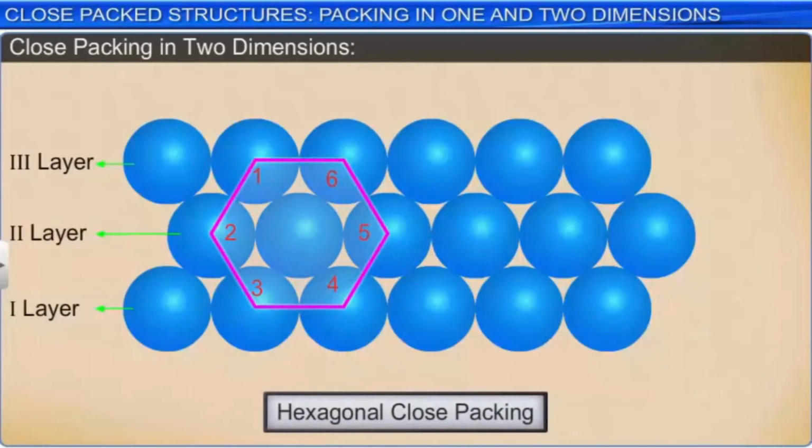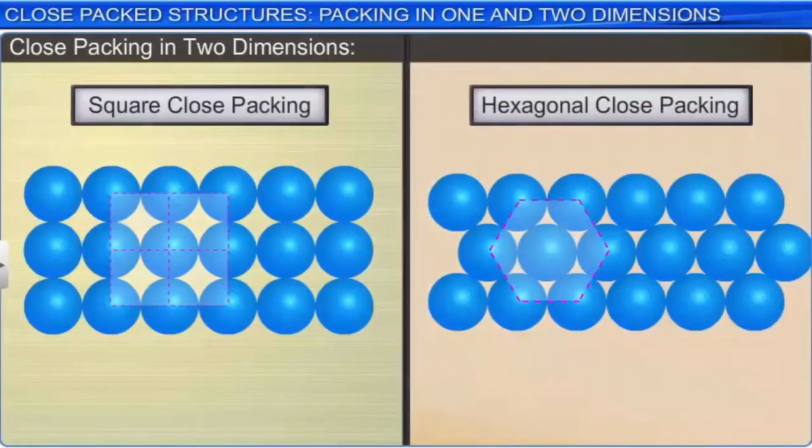Therefore, this type of close packing is also referred to as hexagonal close packing. If you compare the two arrangements, you can see that in hexagonal close packing, the constituent spheres occupy the space more efficiently. Therefore, constituent particles will arrange themselves in hexagonal close packing in a plane or 2 dimensions.